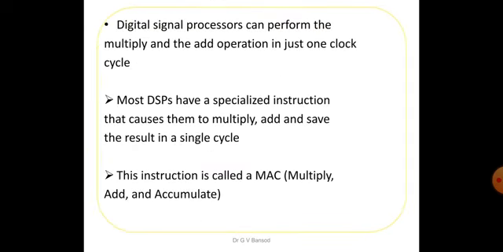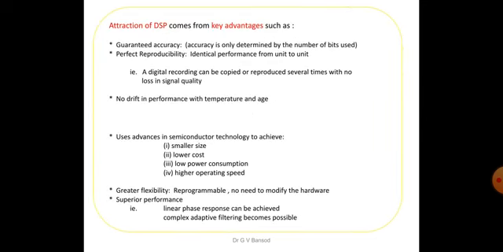We have a hardware unit in DSP called the MAC: multiply, add and accumulate. Just like we have a hardware unit in the LPC2148 called the inline barrel shifter, which takes care of shift and rotate operations. So this multiply-add-accumulate unit can perform all these things in a single clock cycle. That's why DSP is important.